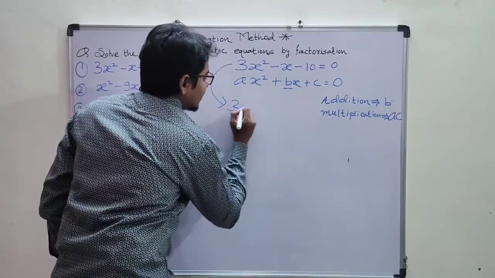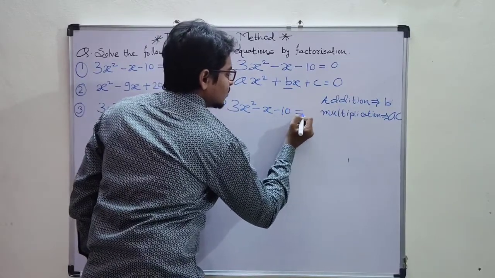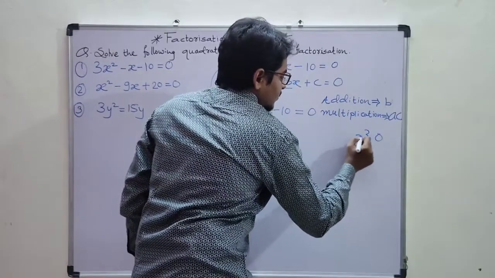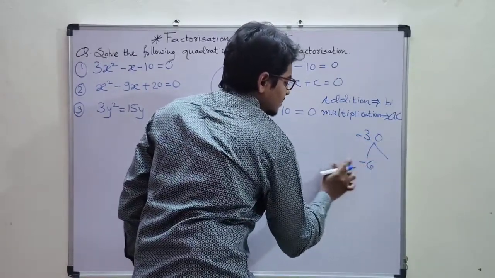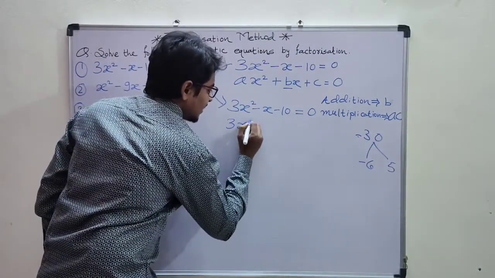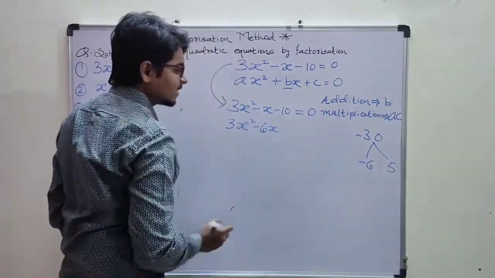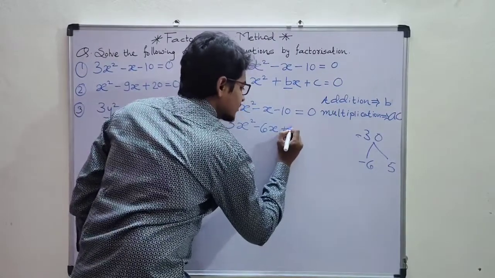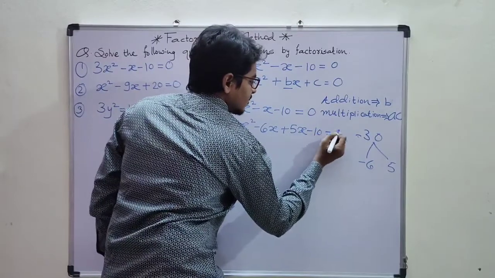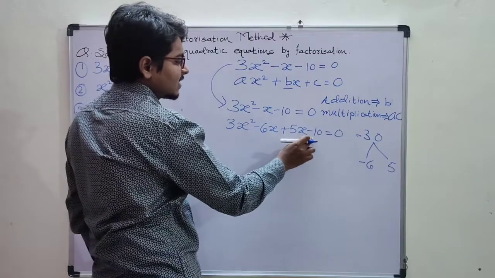So again I will write it here, 3x square minus x minus 10 equal to 0. Now we have got two numbers, that is -6 and 5. So writing it here, 3x square minus 6x plus 5x minus 10 equal to 0.